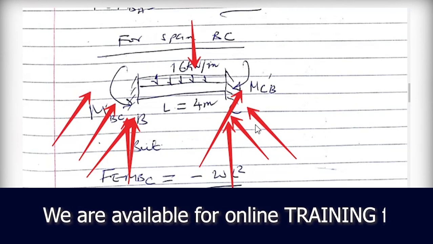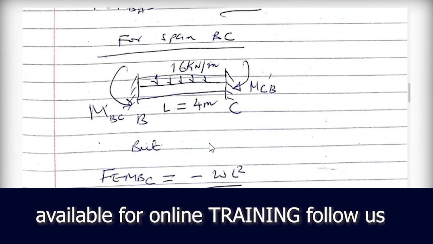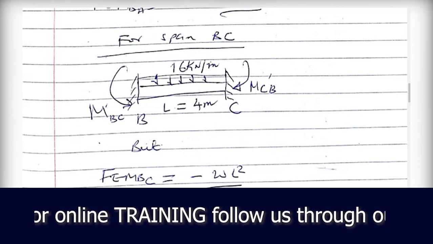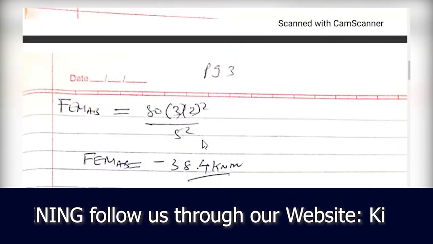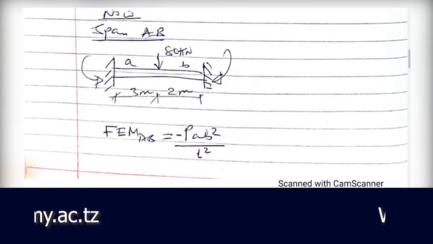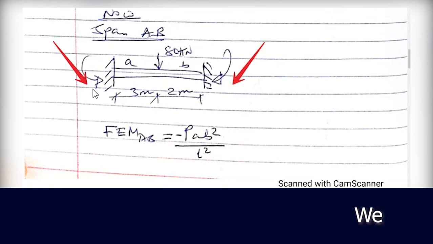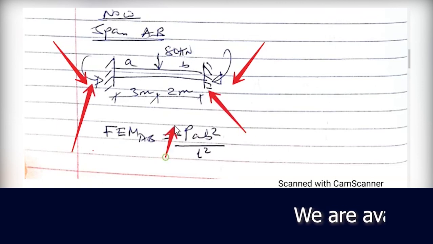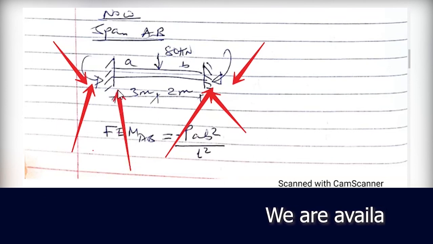In the same way, once you go to another restrained beam here, because you already have the moment here and the moment here, taking moment at this point you can have the reaction at this point, and also taking moment at this point you can have the reaction at this point.